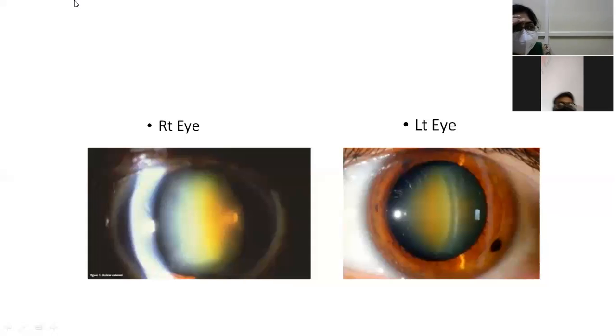Narendra, you're not audible. Then side port entry is done, ma'am. Okay. And then anterior capsulotomy is done. Okay. What are the types of capsulotomy, you know?